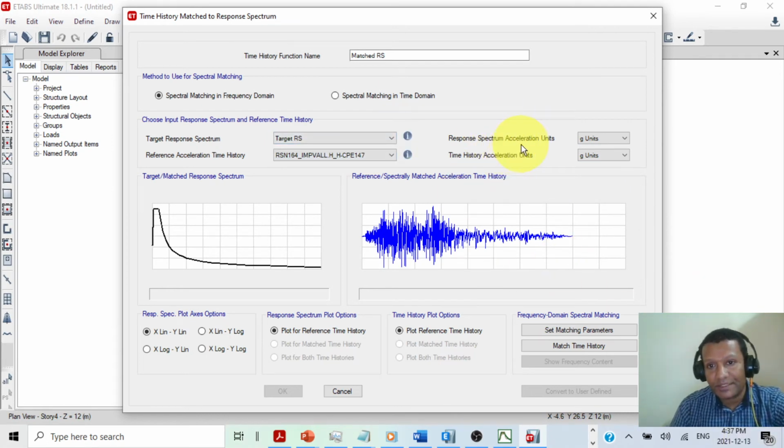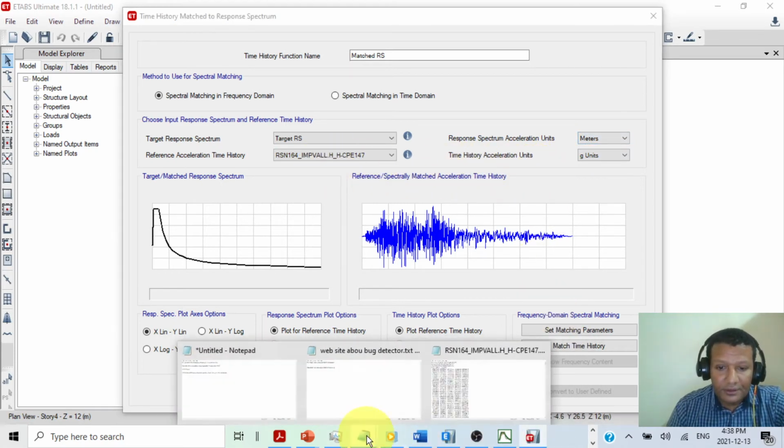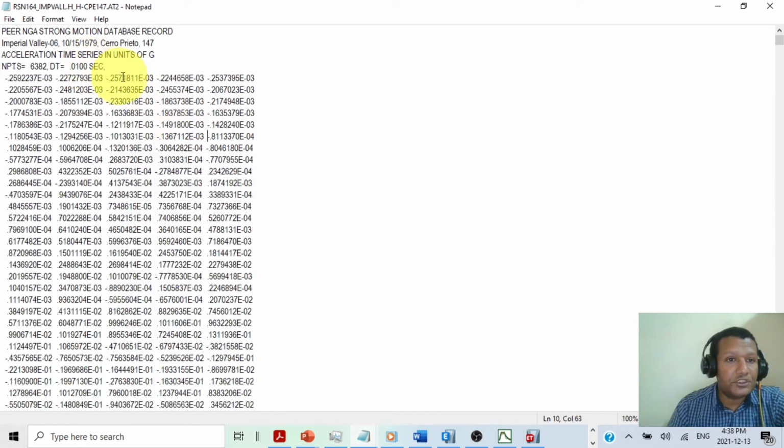For the response spectrum acceleration unit here, you should know what unit we are using, because whether it is inch or meter or G, we have to put it. For us, we are using meter. I remember I made meter, but for this one it is G unit.